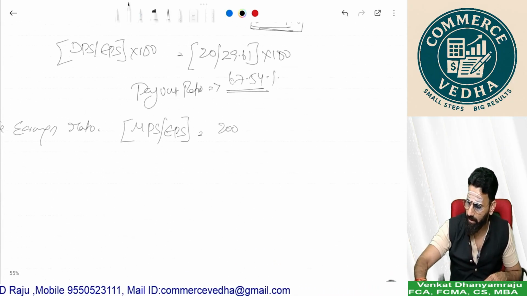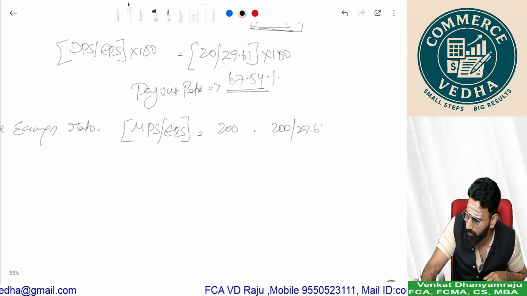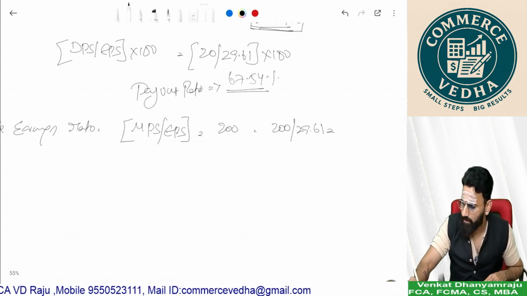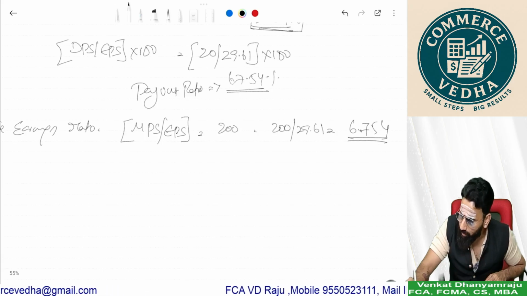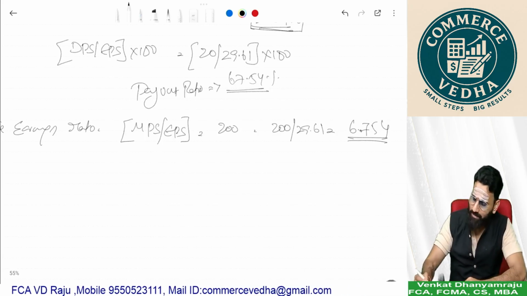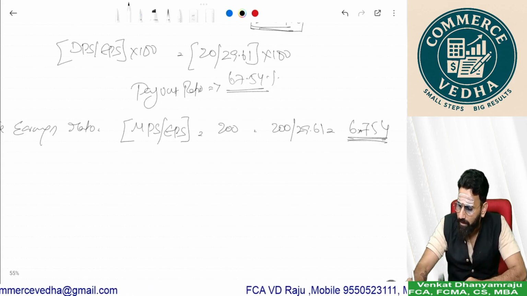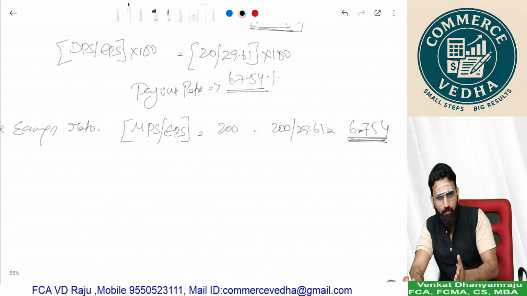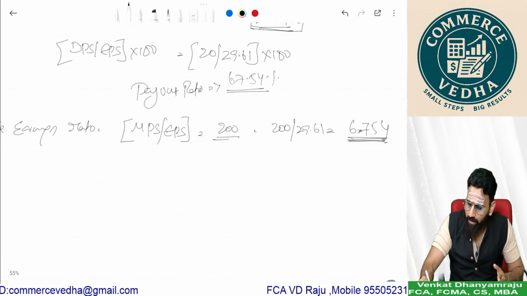So if I replace this in the formula, 200 by 29.61, this is 6.754. So my market price is decided by my PE ratio. It says for every 1 rupee of earnings, the market price is 6.75 times. So 1 rupee earnings, market price will be 6.754. 29.61 earnings, 200 is the market price.